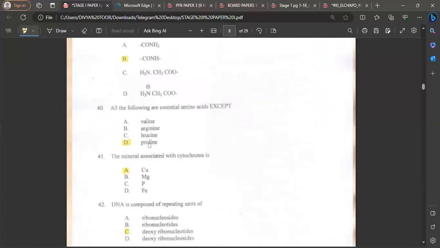I'm thinking proline, but there's an image that was saying arginine is also non-essential, but I'm not too sure. If any one of you has an explanation, please go ahead, or even a mnemonic for memorizing the essential amino acids or for knowing the non-essential ones.